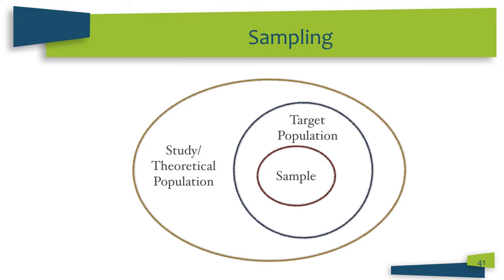And when you draw conclusions, when you publish your results, you would hope that they are applicable to the theoretical population, which is the young boys of Pakistan who play cricket. So you should be thinking of three populations or their parts when you are taking samples.